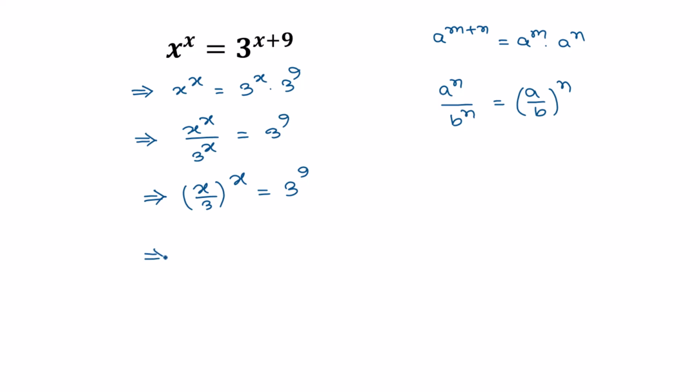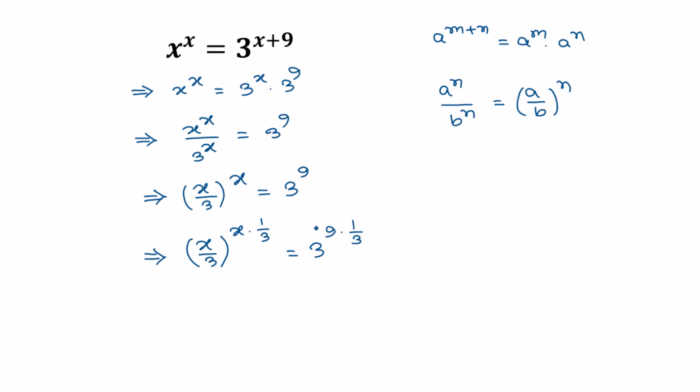Now raising both sides to the power 1 over 3, we get on the left side x over 3 and whole to the power x, and taking the power 1 over 3 on both sides is equal to, right side will be 3 to the power 9 times 1 over 3.